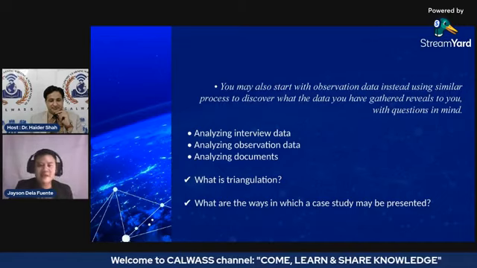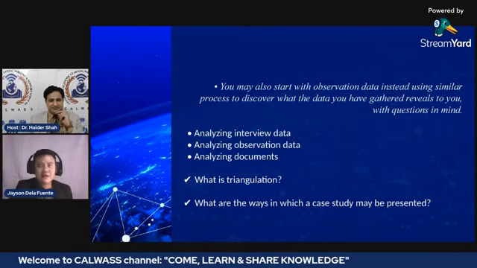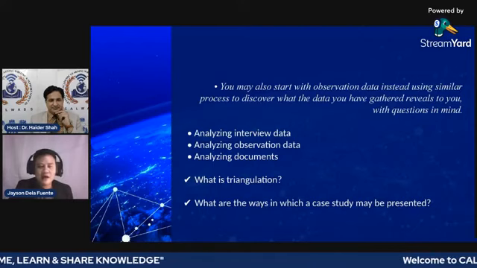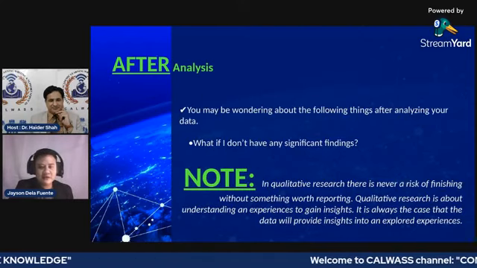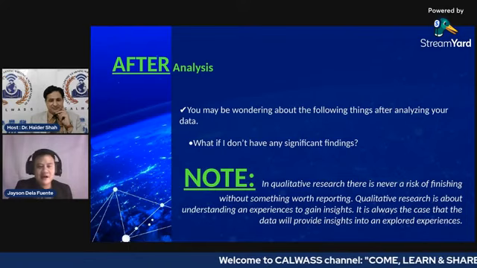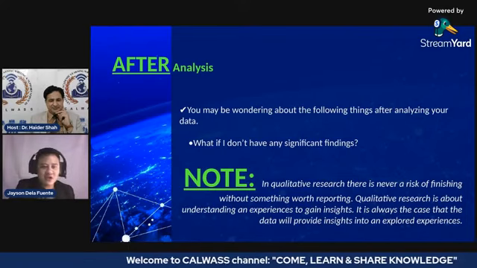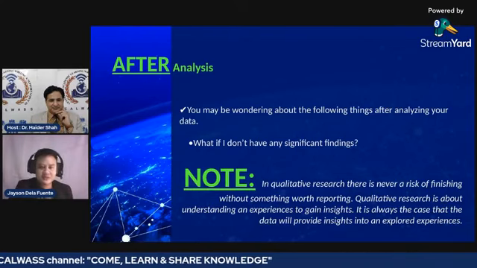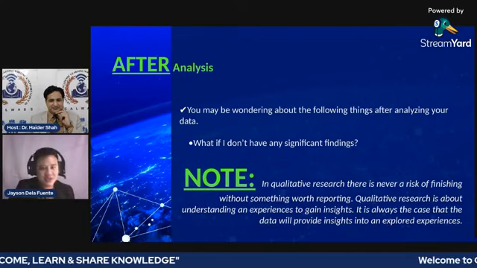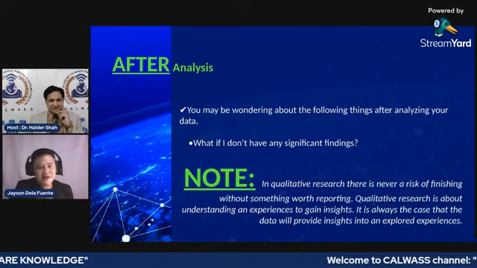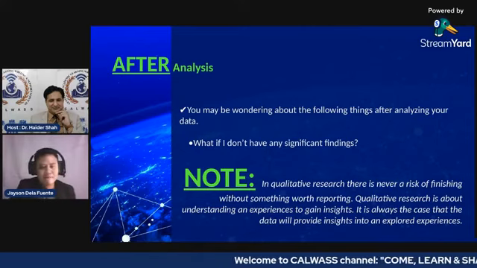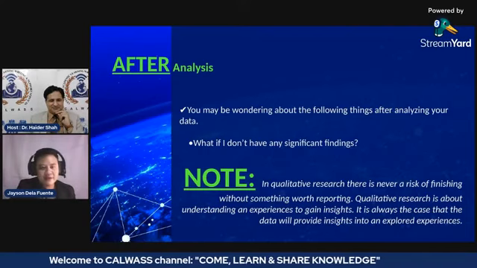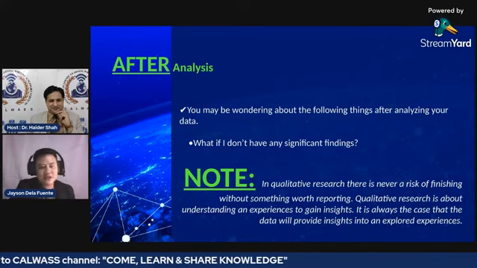Okay, what technique are you going to use in order to present your qualitative data in such a way that it can be understood and relatable to your readers, or to other researchers, because our findings can provide additional literature to other researchers across the globe.